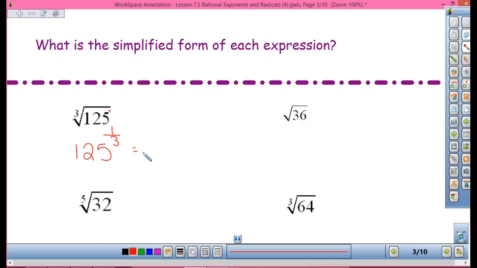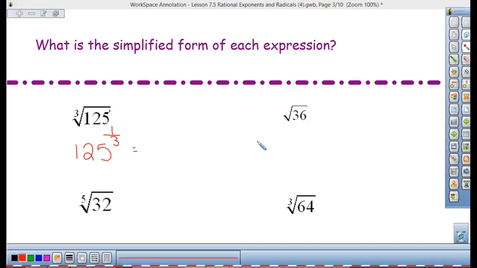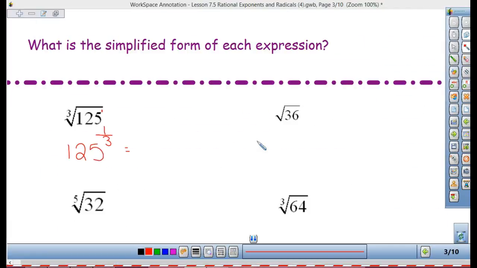Your fraction needs to go in parentheses. So on this one, it's going to be 125, and then use this fraction key, the funky little upside down V, and then it's got to go in parentheses. 1 divided by 3 parentheses, we get 5. Does that make sense?